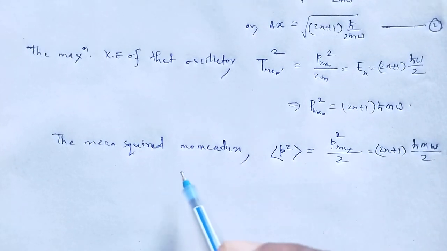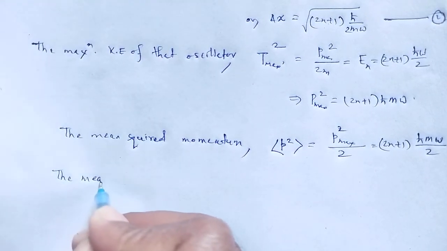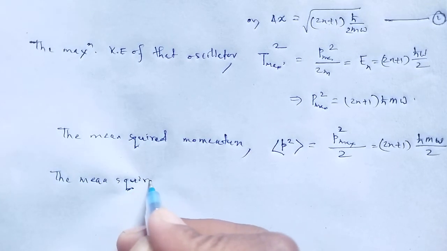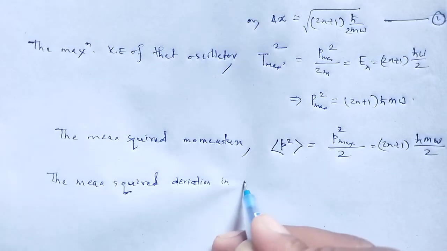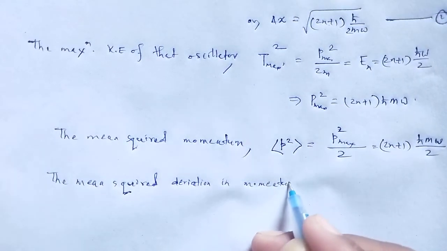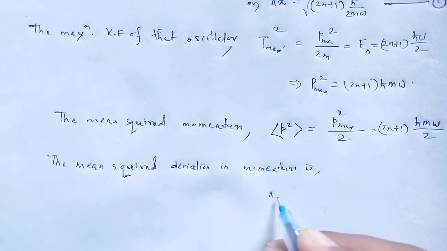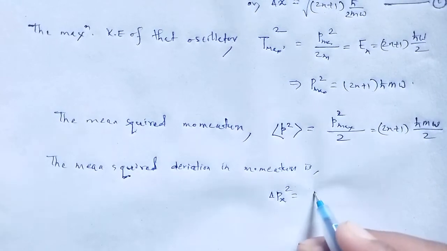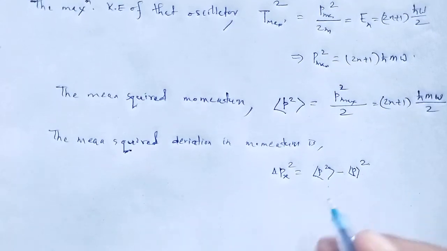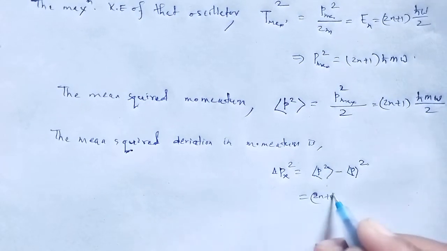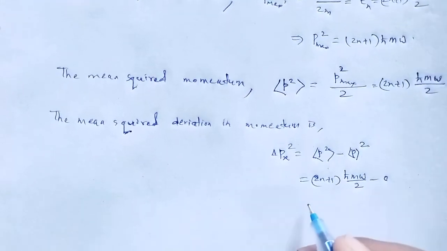The mean squared deviation in momentum is Δpx² = ⟨p²⟩ minus ⟨p⟩², which is (2n+1)ħmω/2 minus 0.